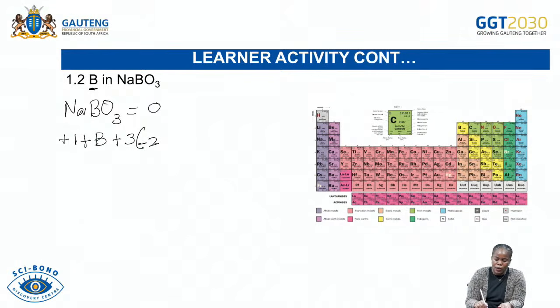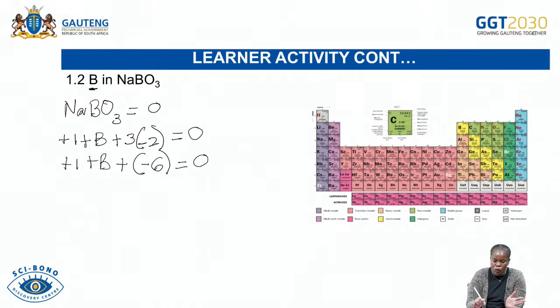All right, equals 0. Let's solve it now. It's positive 1 plus B plus 3 times -2, which gives us -6, equals 0.